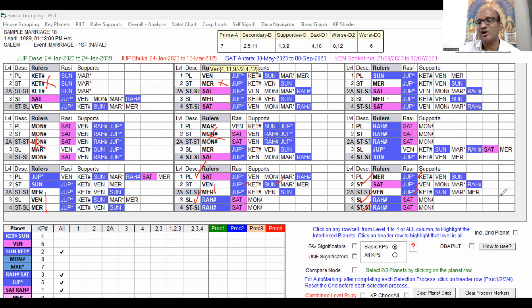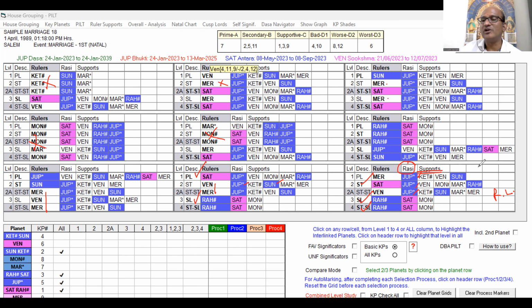Of course, there is the ruler's link and so on, which I will explain in the course. You can see Mercury is strong, and then comes Saturn. We can easily identify the planets which are under the influence of these favorable key planets. Rasi Lord we take, we can say supports. What are supports?